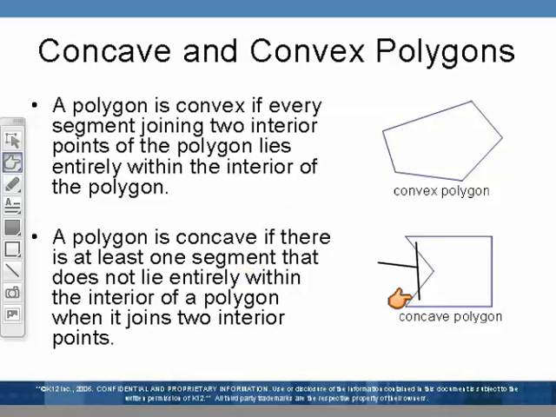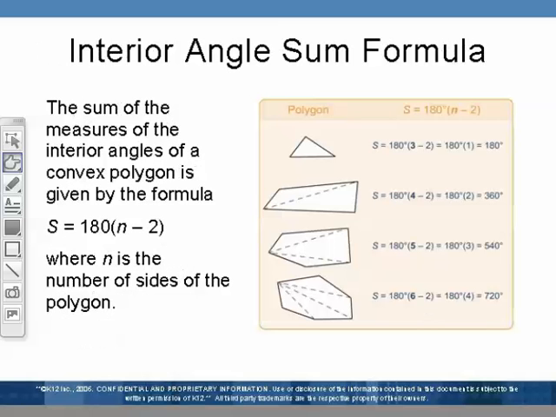Okay? See how it caves in right here? Caved in. That means this one is a concave polygon. This one has no points like that, no place that I could draw a line like that, so it is a convex polygon.